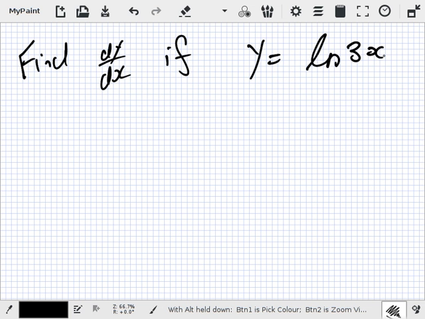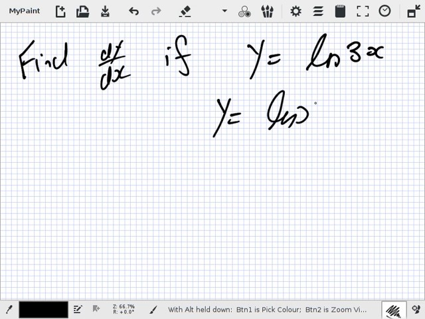If you look at the formulas I gave you, very specifically the derivative of log x, I didn't say the derivative of log 3x or log nx, I said log x. Do we have log x here? Not quite, it's log 3x. So we cannot use our formulas. We first have to simplify, using the rules of logs.